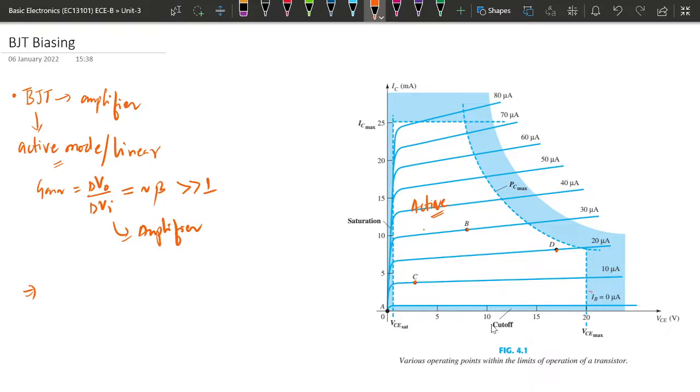This IB current should be 10 microampere at this point. What will be the value of VCE and the output current value IC? So IC1 and VCE1, this is Q1, the operating point, this is Q2, and similarly this is Q3. Based on different IB current values we can get different operating points.